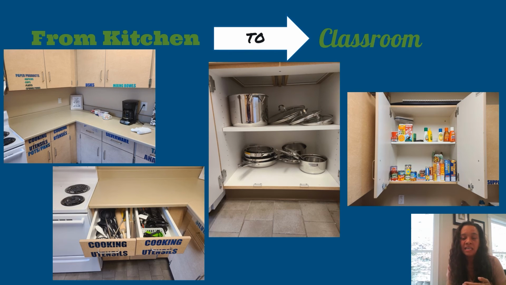They're recognizing words like utensils, pots and pans, bakeware, pantry. And on the right-hand side, you can see the realistic grocery items that I purchased that they use to put groceries away.